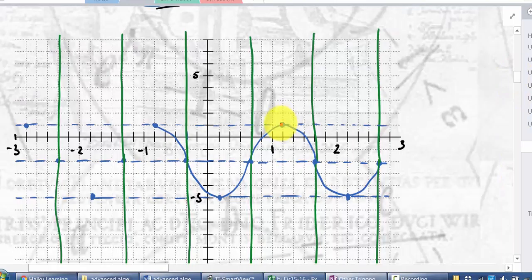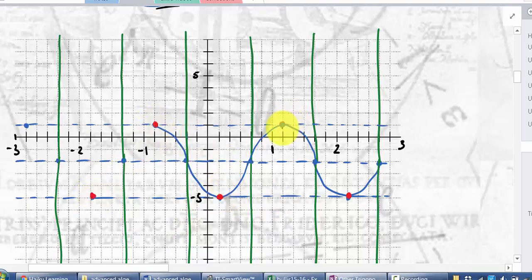And then you remember this, when sine is equal to 1, cosecant is equal to 1. When sine is equal to -1, cosecant is equal to -1. Now, this is not 1 and -1 because I moved down 2 units, but it's going to be the same, whatever the number is. Actually, this is 1 and this is -5, it looks like, okay? So this value will be taken by our cosecant graph.